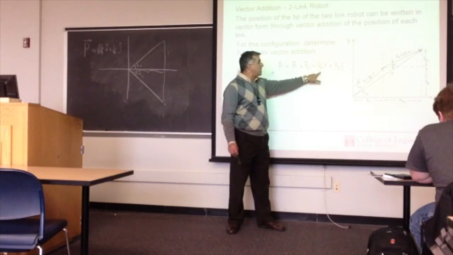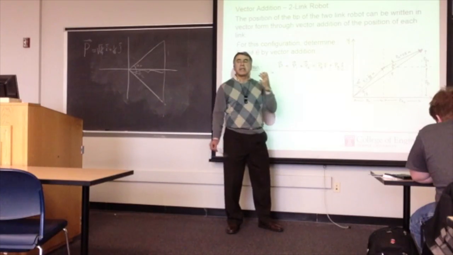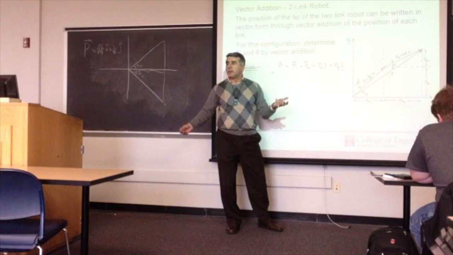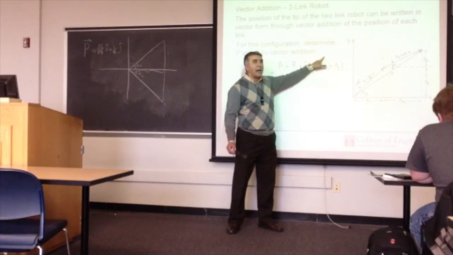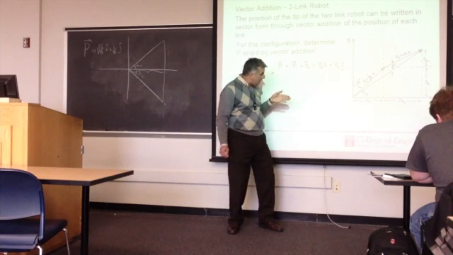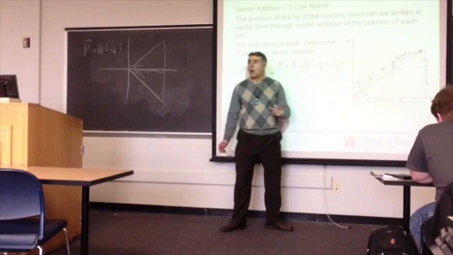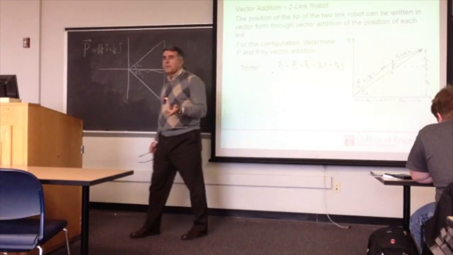Therefore, Px does not have a direction. Px simply is a scalar quantity, a value. But when you multiply it by i, it means that this whole thing is in the x direction. And this whole thing is in the y direction. Do you understand?